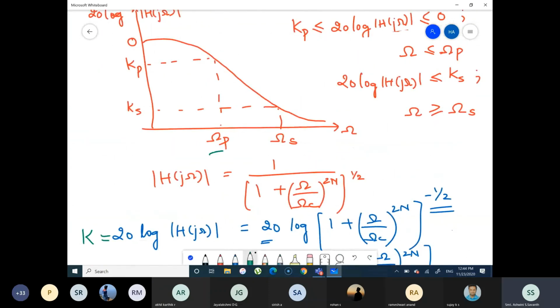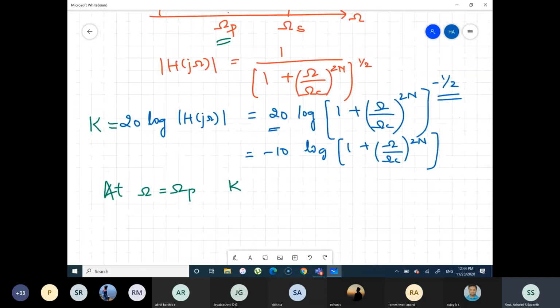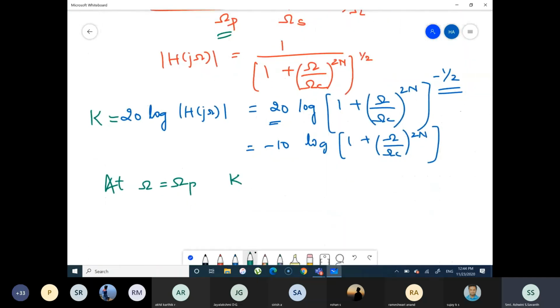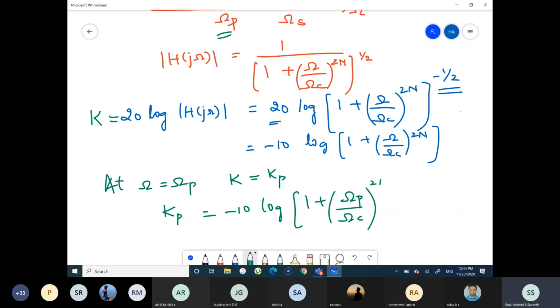At omega equals omega p, the gain is nothing but kp, right? So in this expression of k, let us substitute at omega p the value of k to be equal to kp. So the left hand side is kp, that is equal to minus 10 log of 1 plus omega p divided by omega c whole to the power 2n.